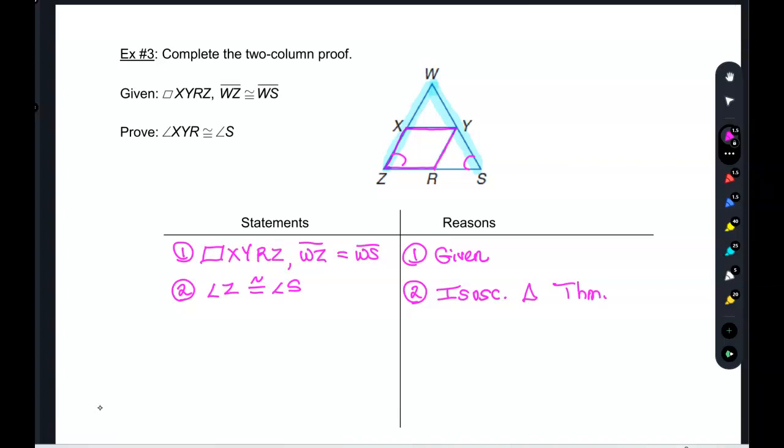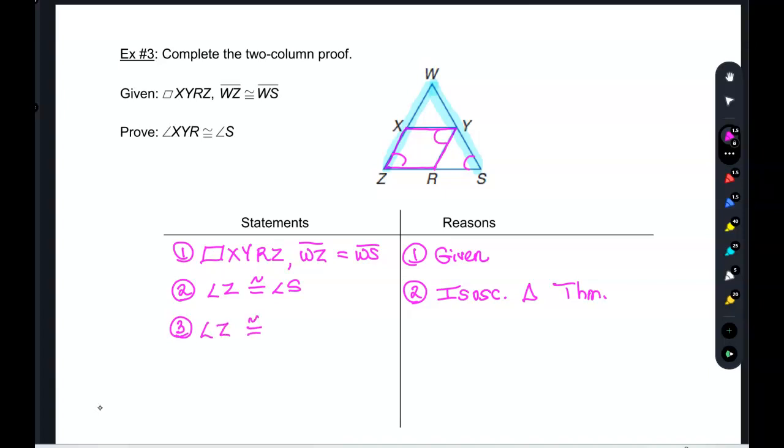Okay. All right, now what are we trying to prove? We want to get angle XYR congruent to angle S. What do you think, Eli? Angle Z is congruent to angle XYR. Angle Z. Nope.